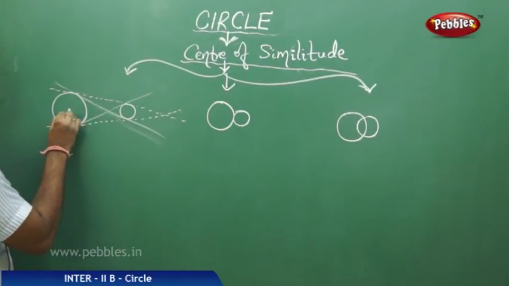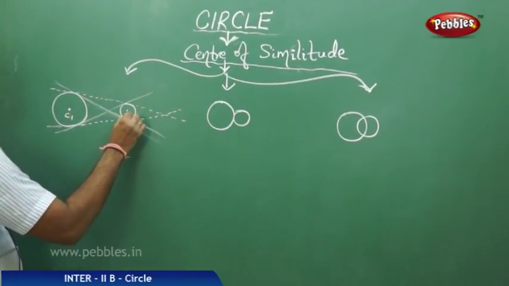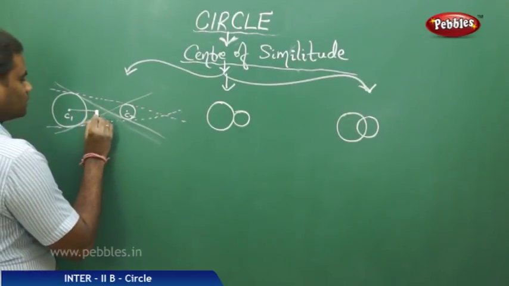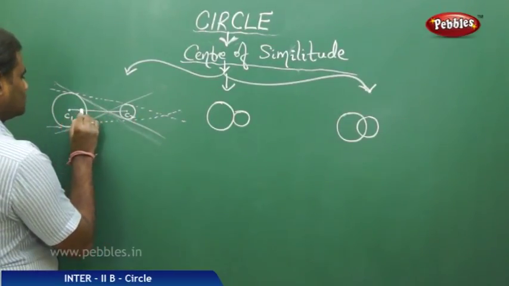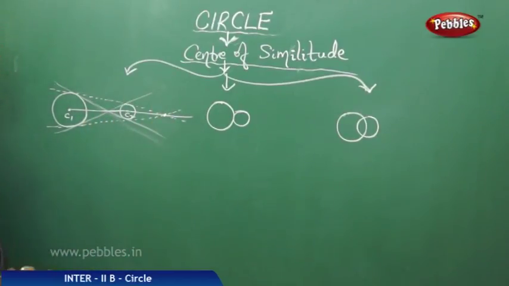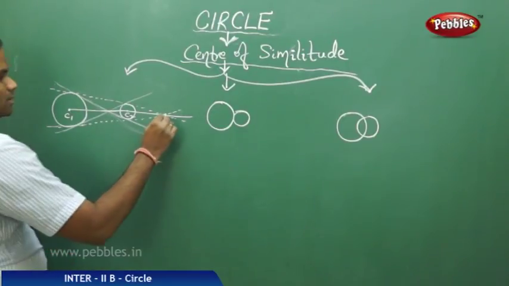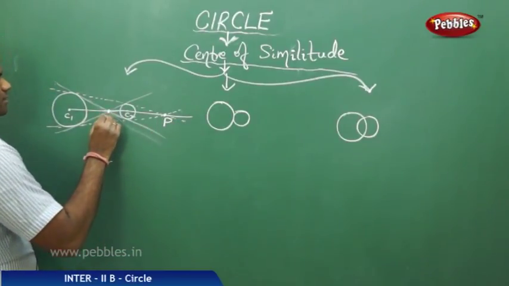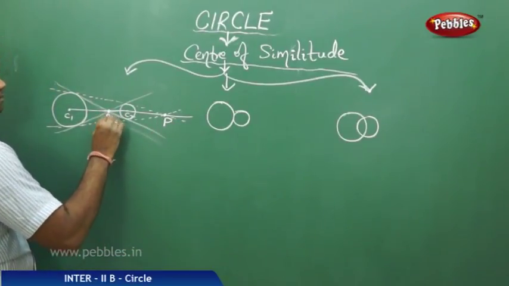Let me say the center of this circle is C1 and the center of this circle is C2. Then when I join them, I see that there are 2 points of intersection of the pairs of tangents, one is P and the other is Q.